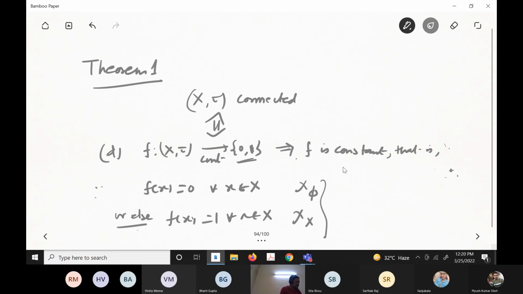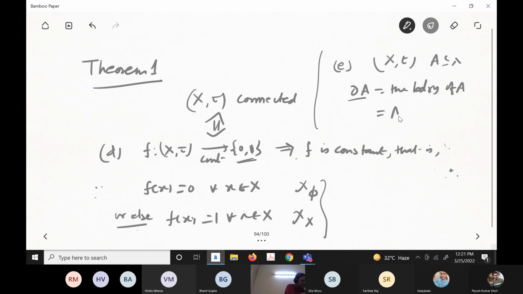I left an exercise so that you can prove it straightforwardly. It is not difficult. But I mentioned something: every proper non-empty subset of X has non-empty boundary. Remember, if you have a topological space (X, tau) and a subset A of X, the boundary of A, also called the frontier of A, is defined as follows.